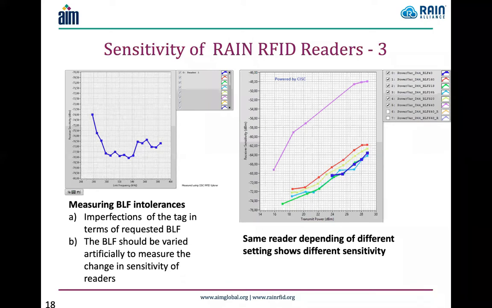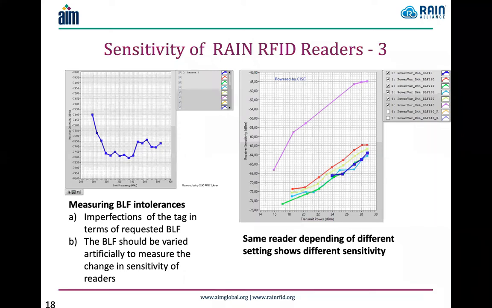Between 40 kilohertz and 640, we do see a distinct difference. And the result of the 640 kilohertz was, of course, in comparison, lower in sensitivity than the rest of the settings that we had measured.